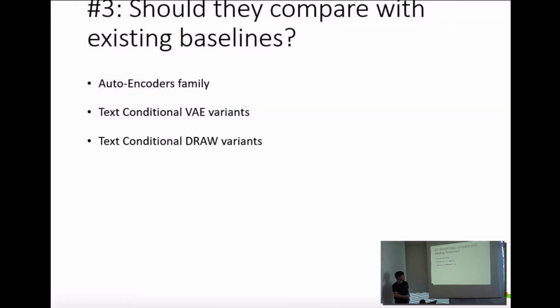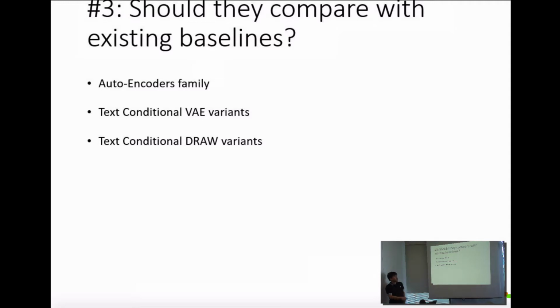Another question is whether they should compare with some existing baselines, in the sense of text to image. We can simply apply the autoencoder family: you input text and generate an image. You can learn that from the data, and in the future input some text and generate an image.